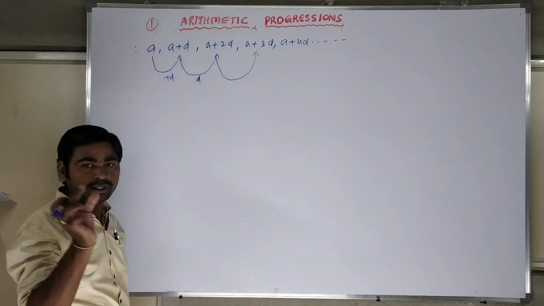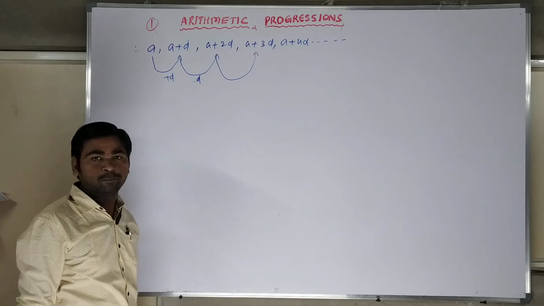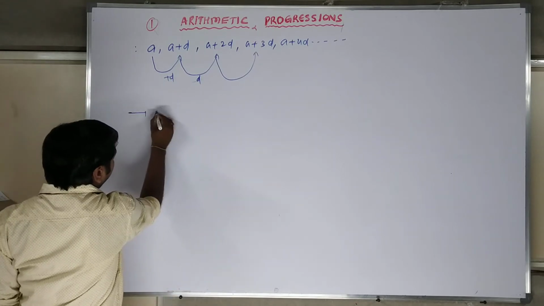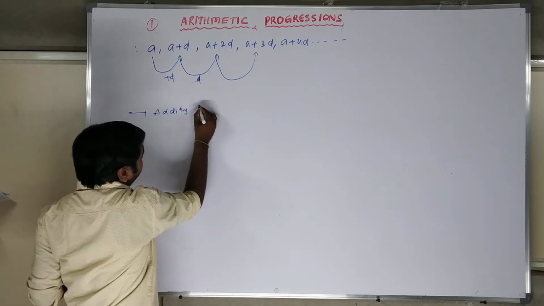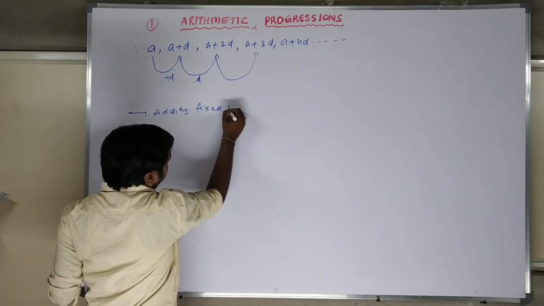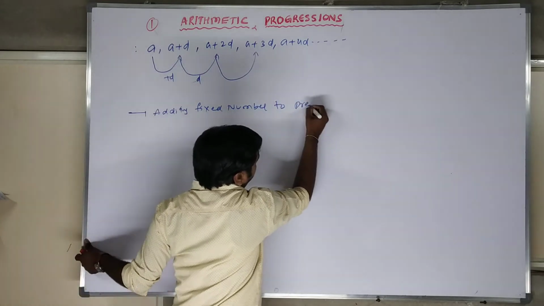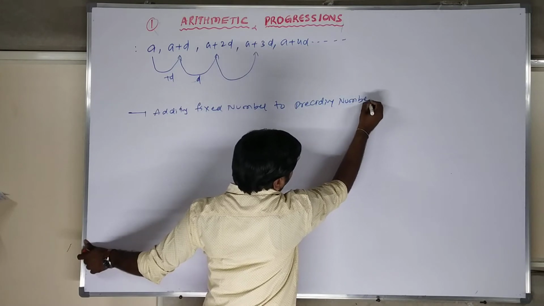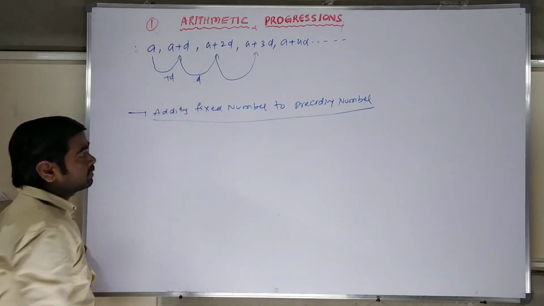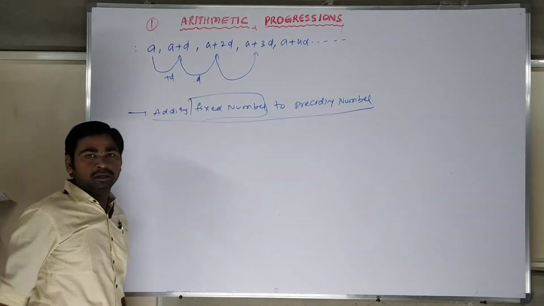It means you are adding a fixed number to the series, and the series is generated. So let us write down: adding a fixed number to the preceding number, the series is going to be generated.